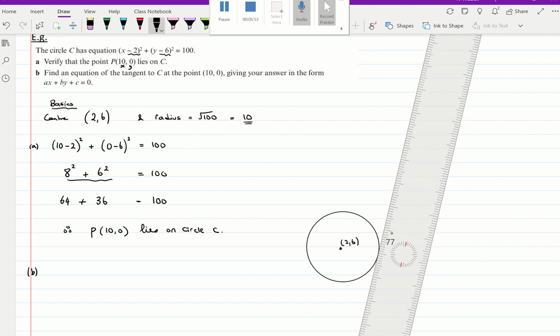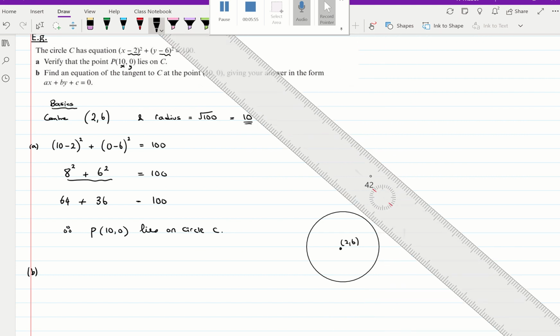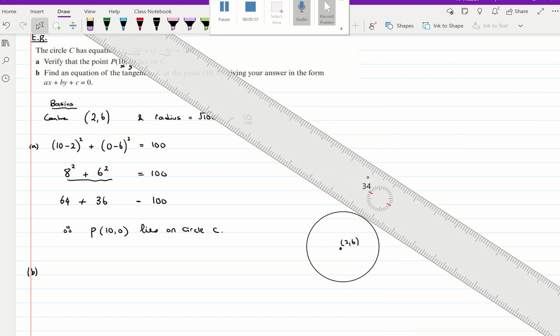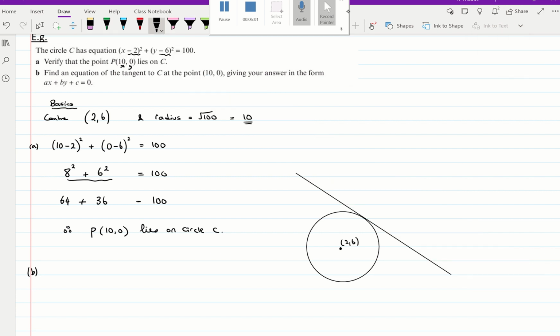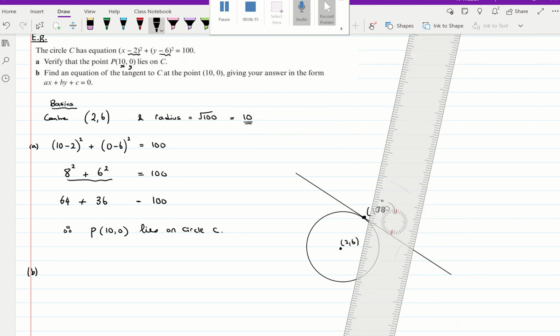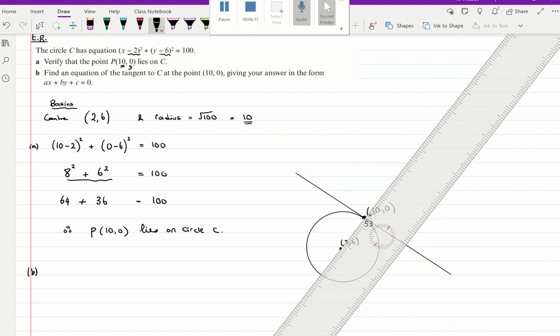and this tangent is at (10, 0) somewhere. I'm not drawing a grid. So there's a tangent here at the point (10, 0). And I want to find an equation of the tangent. Well, the tangent is a straight line, so we're thinking of straight lines.